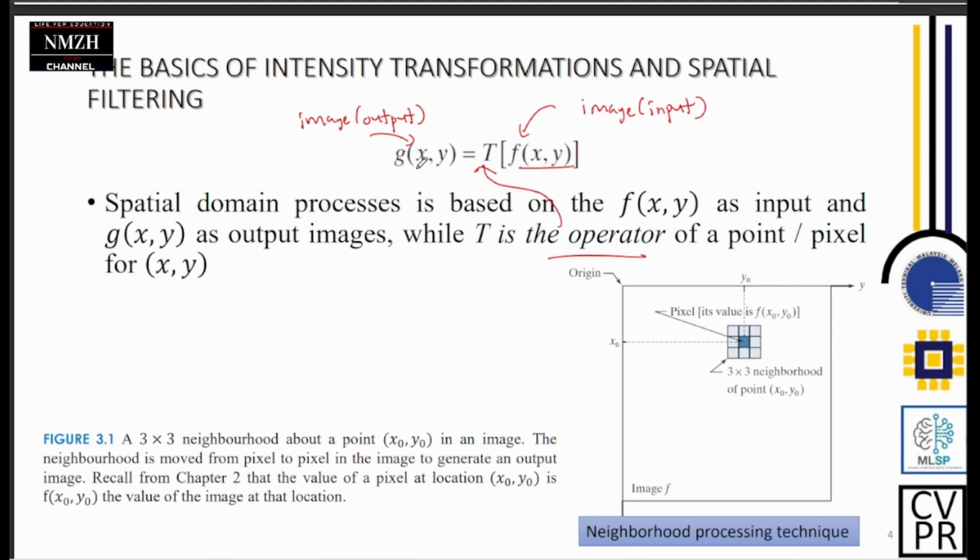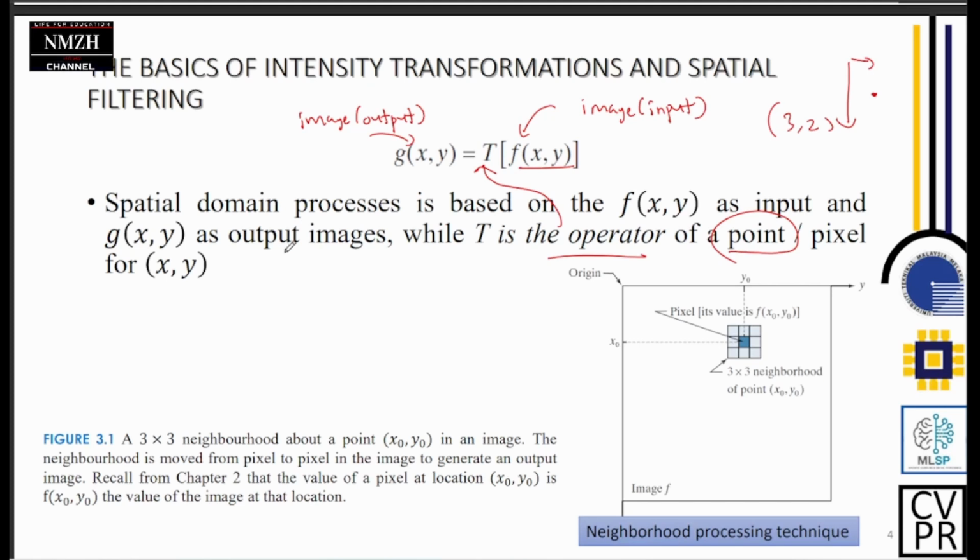The x and y is located at a specific point, for example location 3 and 2, the pixel location in the image.